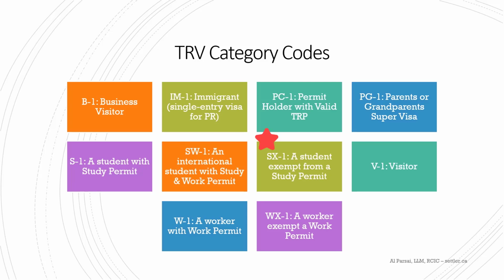SX-1 means a student that is exempt from a study permit. V-1 refers to regular visitors. W-1 refers to work permit holders, and WX-1 refers to people who may work in Canada without a permit.